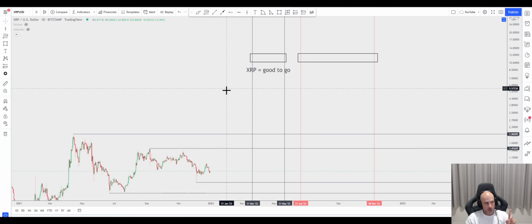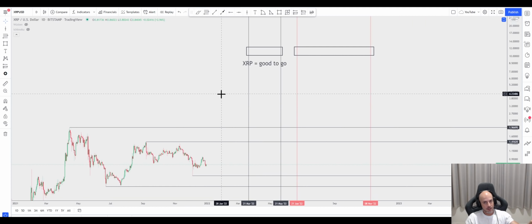Think about this just for a second. XRP is developing a bullish continuation structure in advance of the trial outcome, the XRP settlement. Why? Because the market makers know what is going to be the outcome of the trial. And we all know XRP is going to be cleared. I'm not saying this because I want to believe XRP will be cleared.